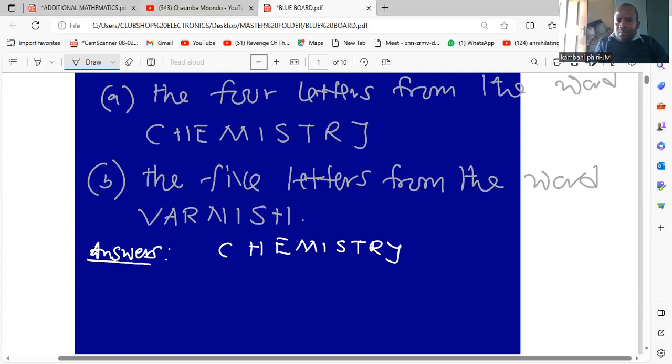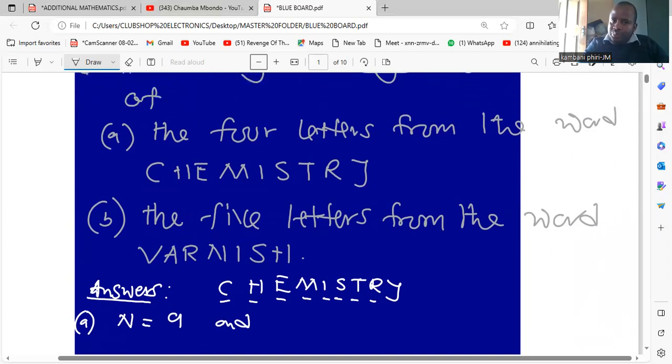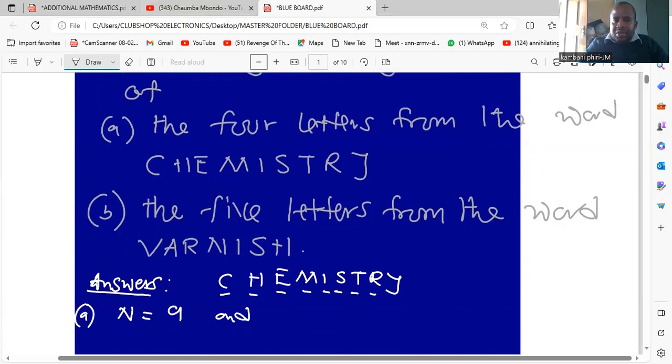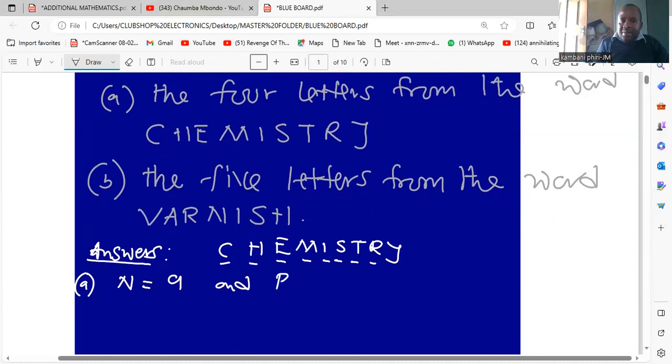To do that, we need to find n, which is the total number of characters that we have. So we've got 1, 2, 3, 4, 5, 6, 7, 8, 9. So we have 9. And now we want to arrange 4, so our r is equal to 4.